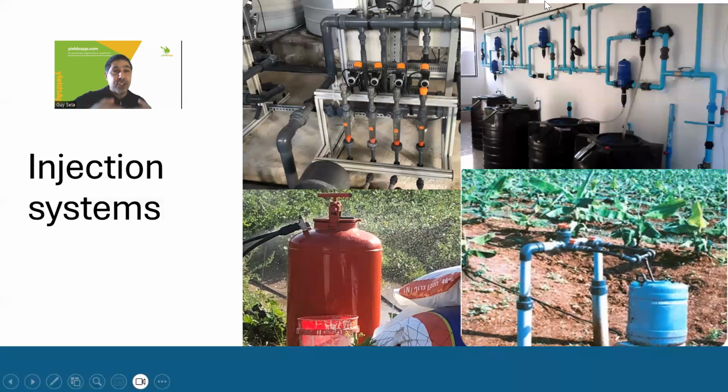So each gallon of water gets the same amount of fertilizer as the other, okay, as the previous and as the next. So each liter of water gets the same exact amount of stock solution, right?